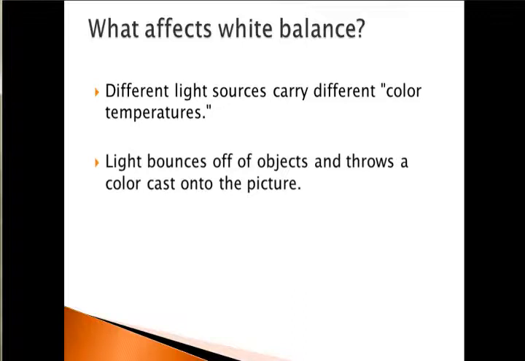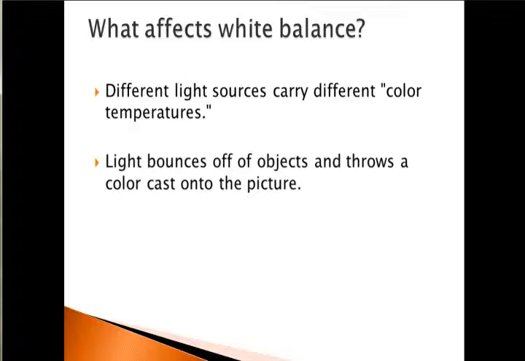That's what's happening in your churches, where the light's bouncing off of the red carpet, and then everybody is looking red, or you have green walls and everything in the room looks green. Sometimes it's because the light's bouncing off those objects.